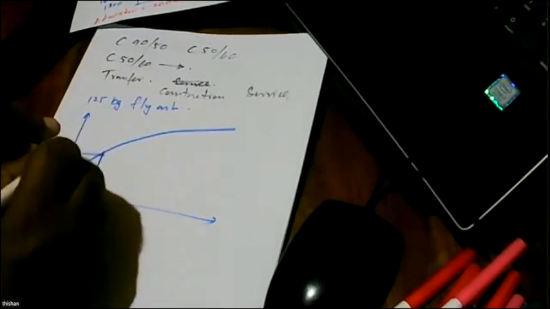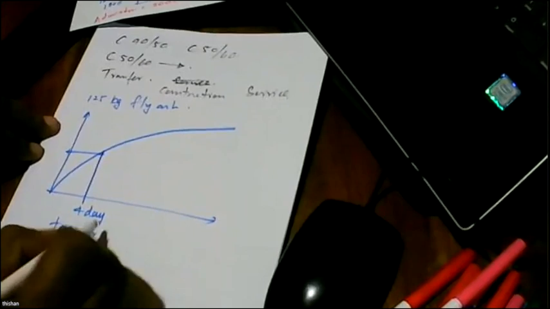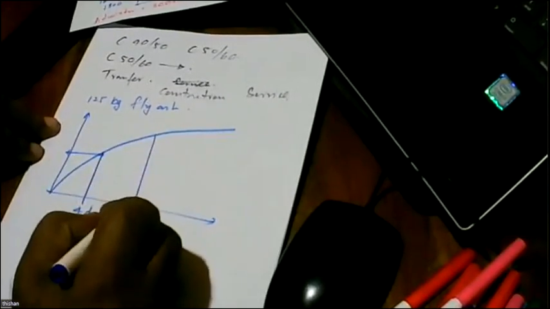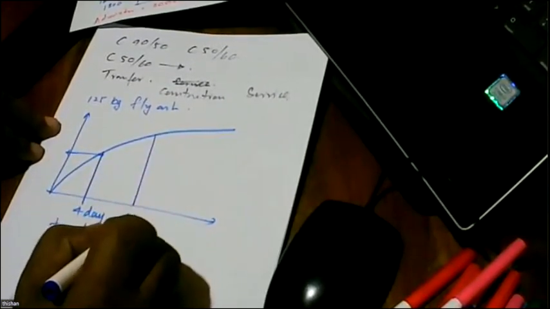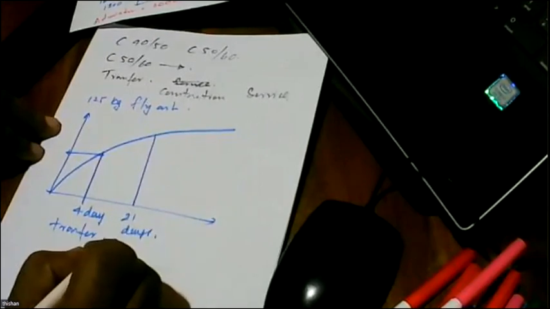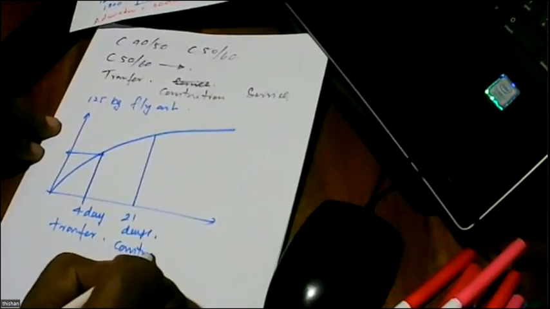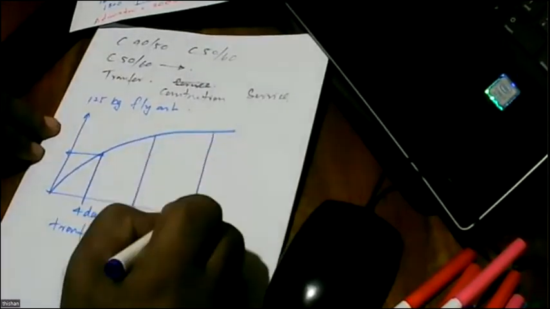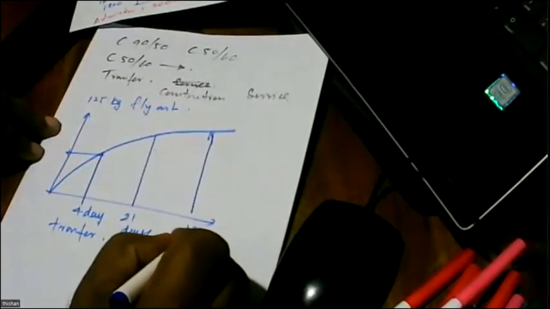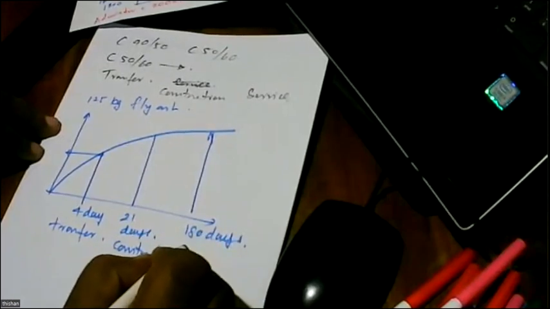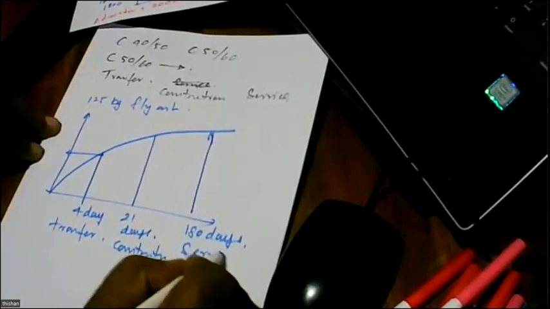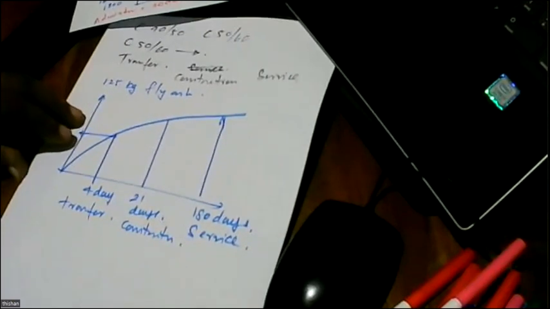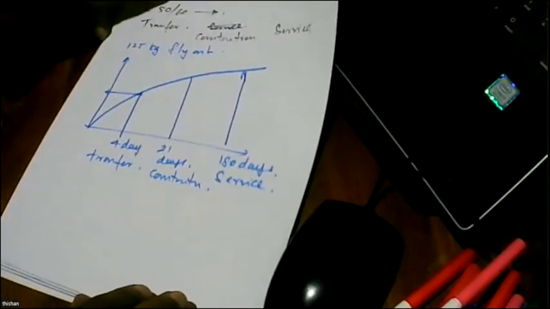So after 4 days, transfer. After about 21 days, you can release it for construction. After about 180 days only, we allow service. That means the bridge construction will take about 180 days to complete once the beams are cast.